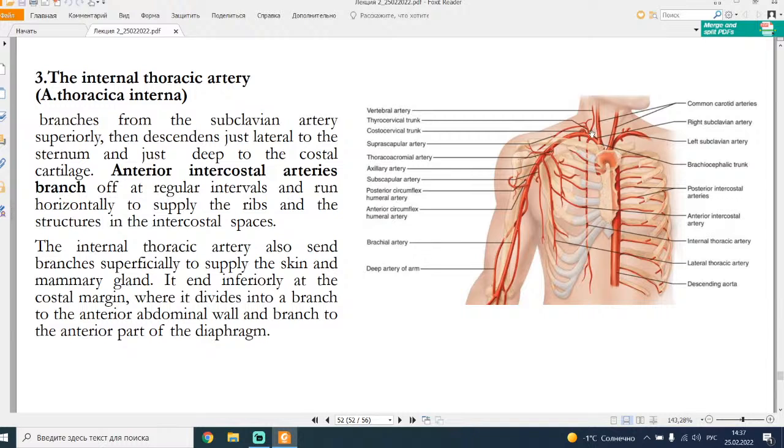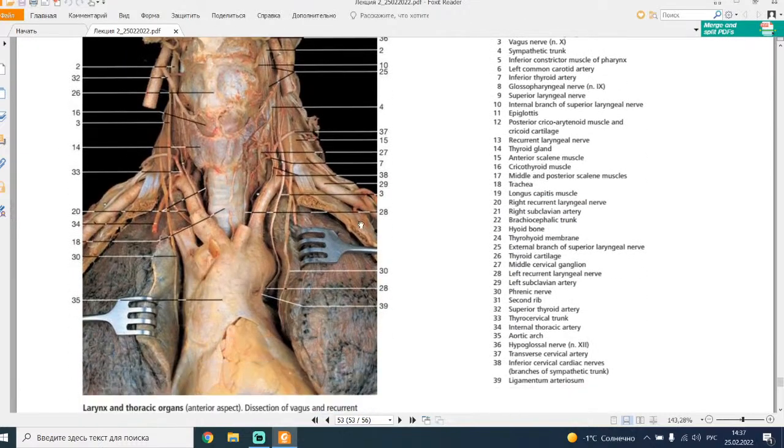This is arteria thoracica interna. What you see, truncus brachiocephalicus, arteria thoracica interna. This is truncus thyrocervicalis. This is arteria vertebralis.